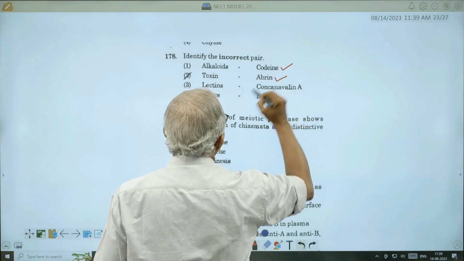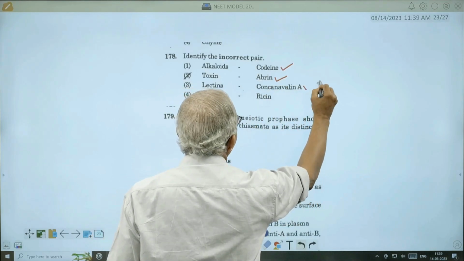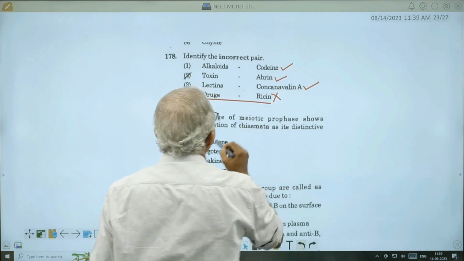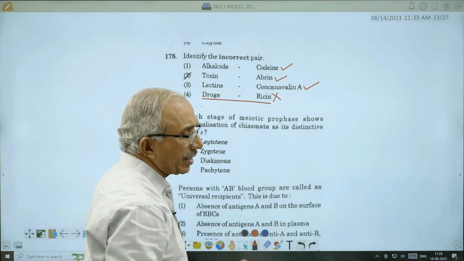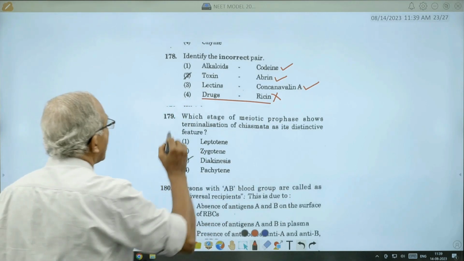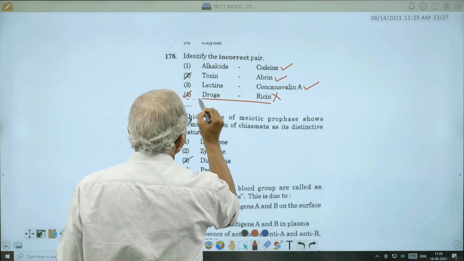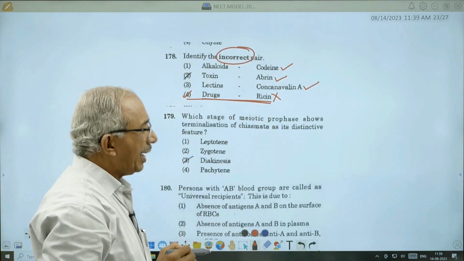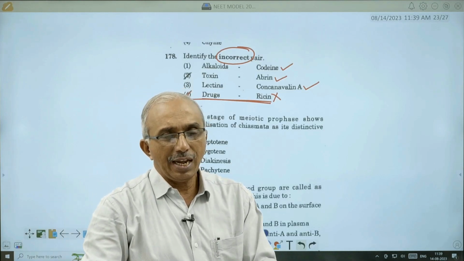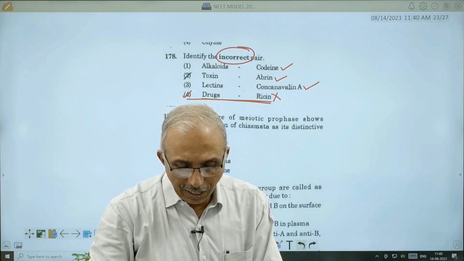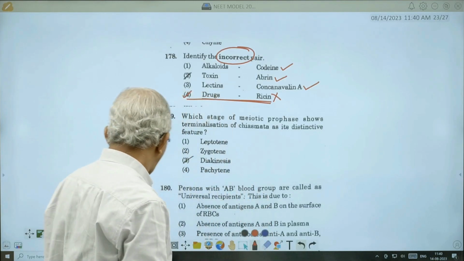Toxin heparin, correct. Lectin concanavalin A, correct. Drug resin is not a drug. Resin is a toxin. So answer is 4. We want an incorrect pair: drug resin. Resin is a toxin.